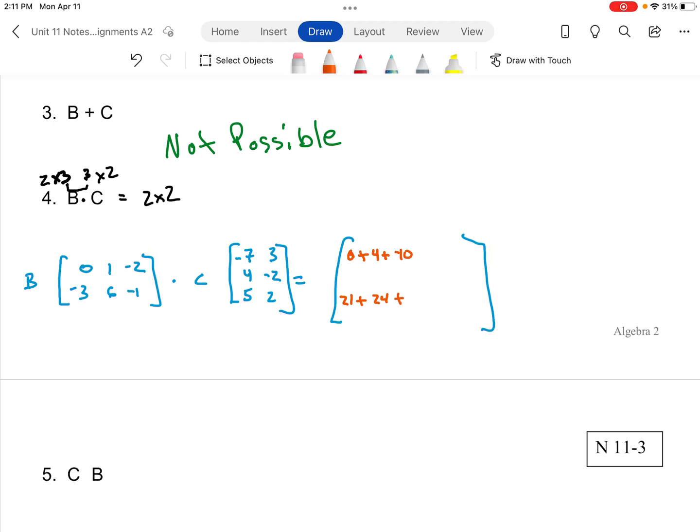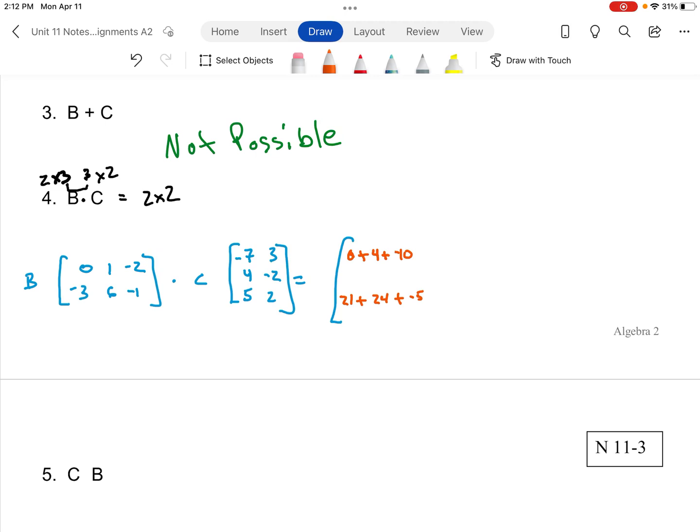And then -1 times 5, -5. Okay. Then I did not leave quite enough room. So remember, we're going to have a 2x2. So I've got this first element and the second element.